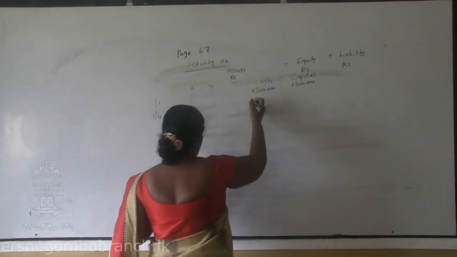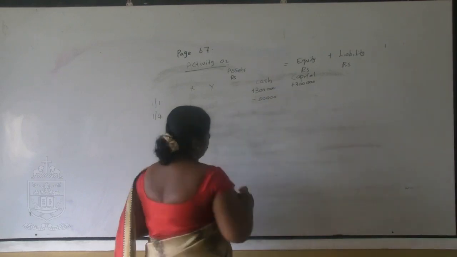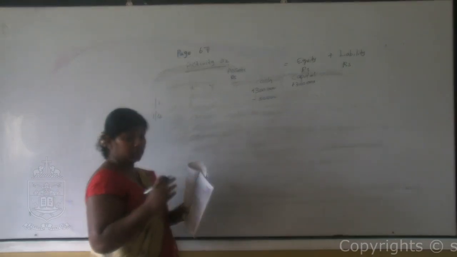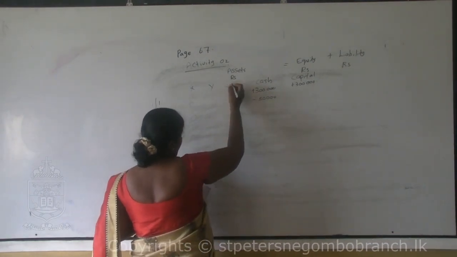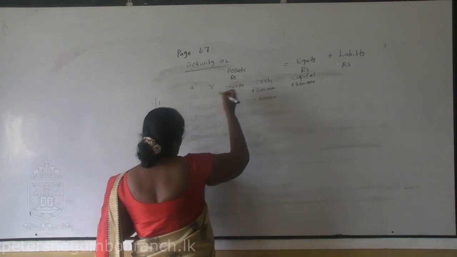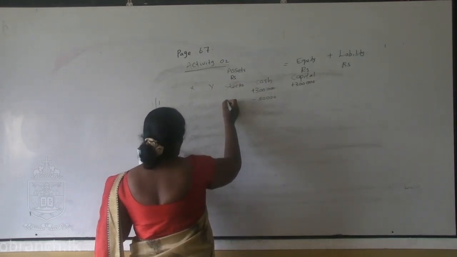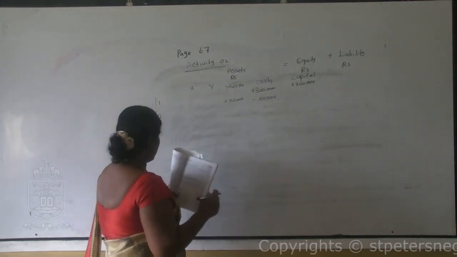So at that time, cash decrease 50,000. Stocks means it is an asset, so that asset will increase. Stocks increase 50,000.